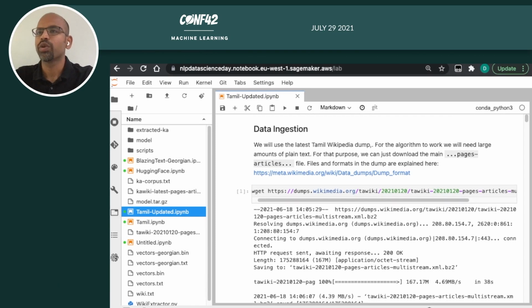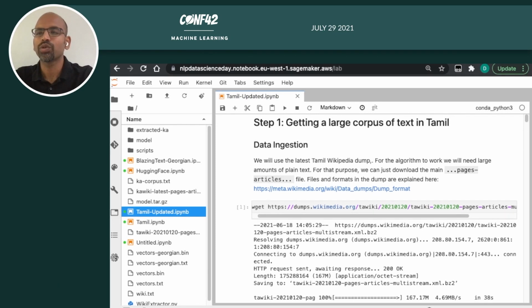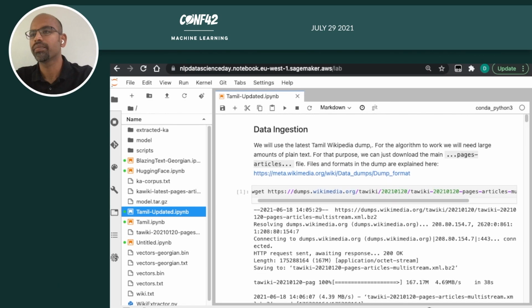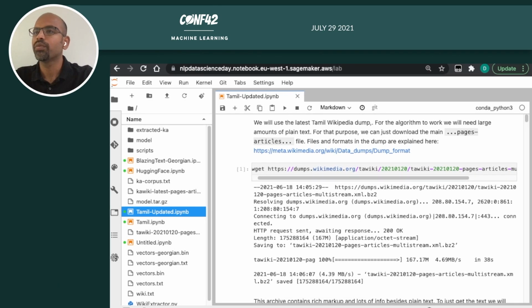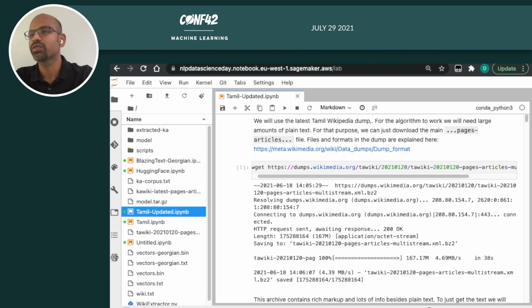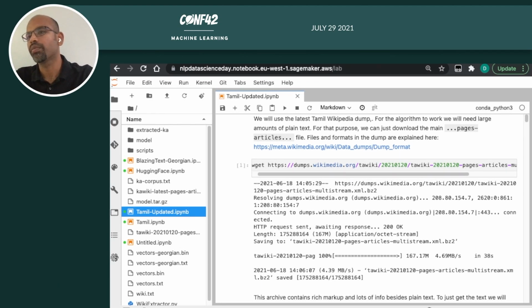But ideally, as I said, your model is as good as your data, so always please be careful with the data that you choose. In my case, I've chosen it from Wikidump. It's totally up to you where you get it from. But the more data, the more it could learn, and the inferences could be a lot better.